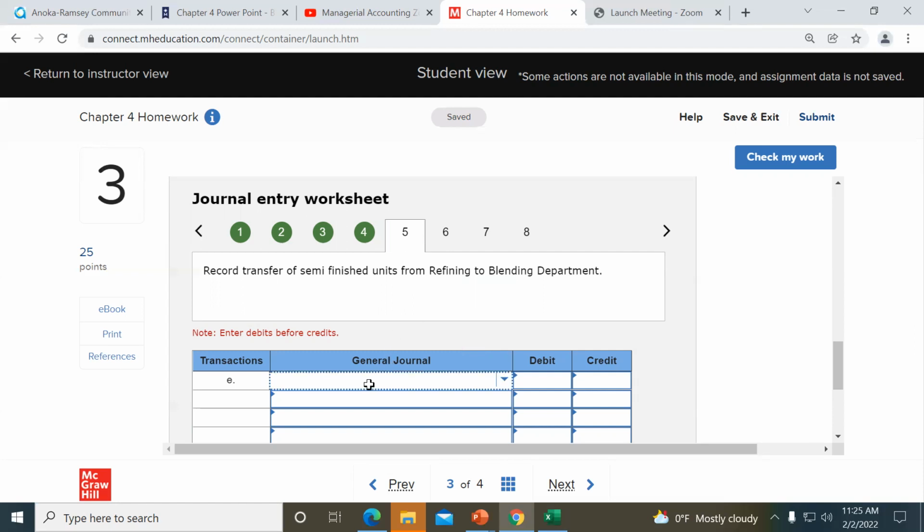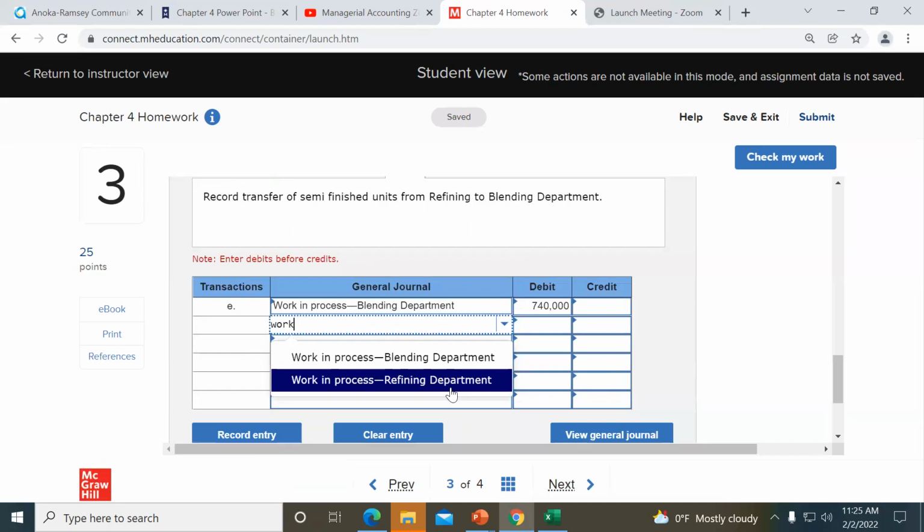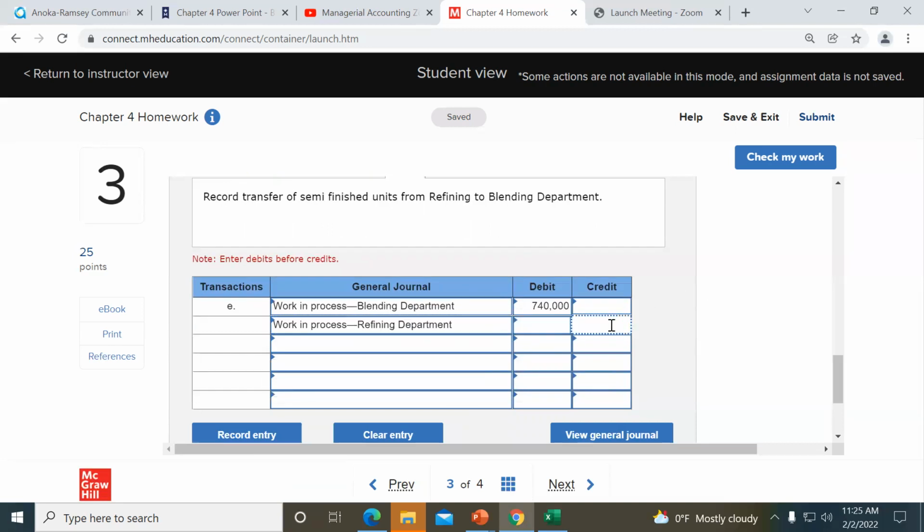So we're going to say work in process, blending is going to be debited 740, and work in process refining 740.